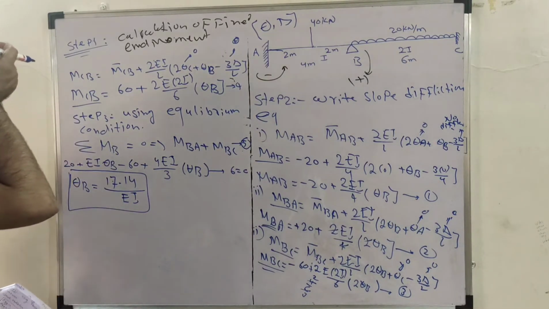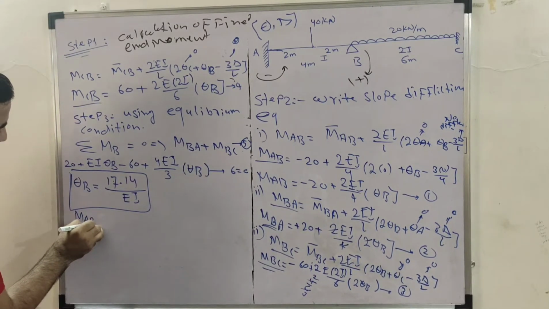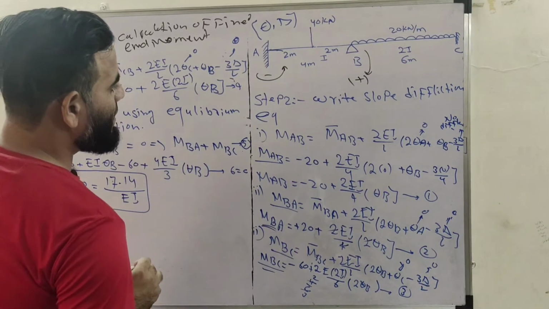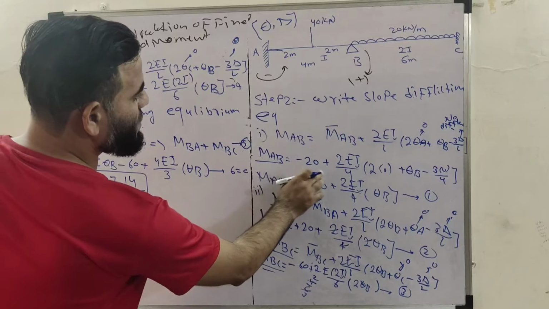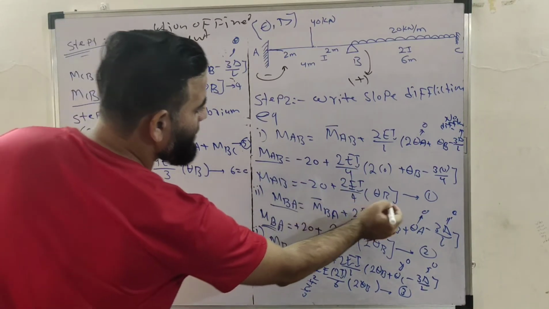Now we will substitute. Moment of AB is equal to, what is the equation? The equation of moment, minus 20 plus 2EI by 4 theta B. This is equation 1.